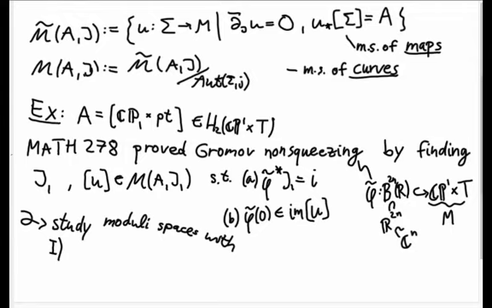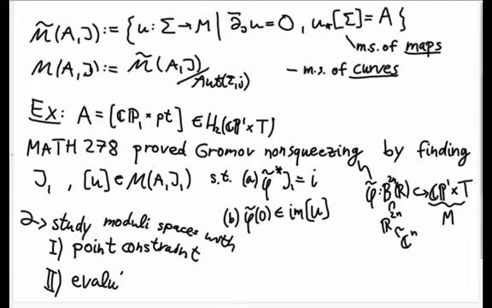Option one would be to just impose this as something called a point constraint. That's what we did. Option two is going to be the more educated and more general approach. We're going to talk about this in the context of evaluation maps.